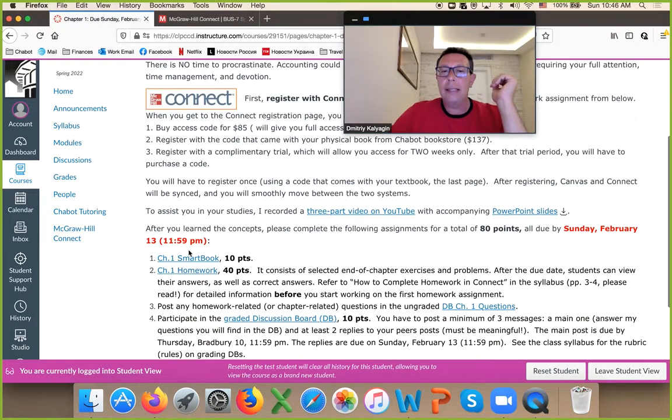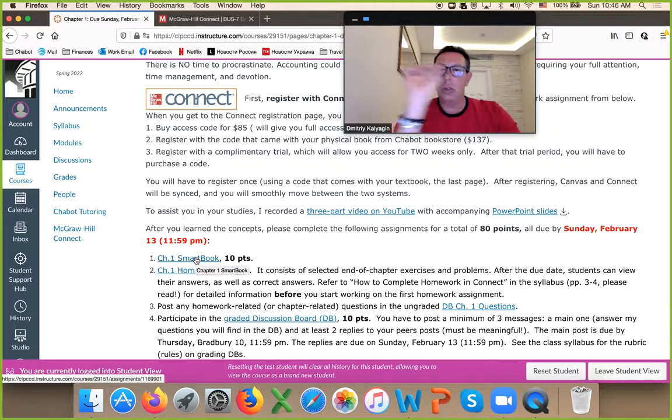So to access it, you click any of these links, and one time you have to register. Once you register, the systems will be synced together. You click on the assignment, it takes you to Connect, you complete that assignment there, and your points are transferred to Canvas to the grades right here.